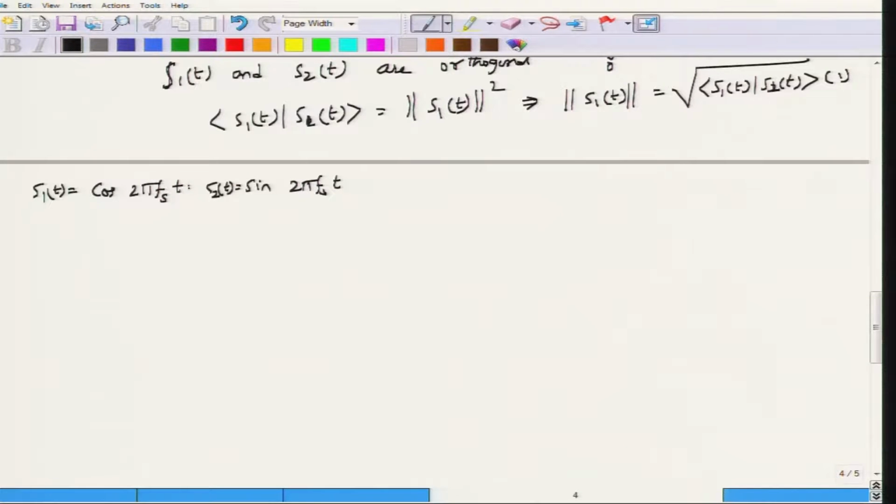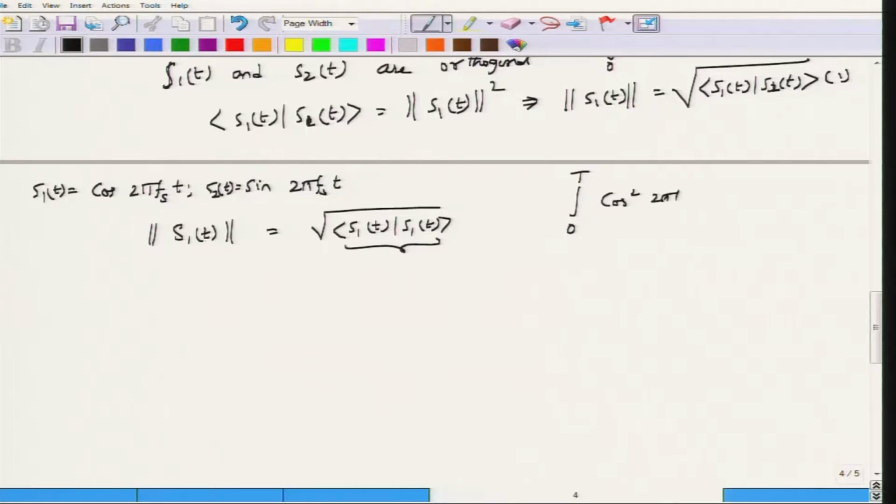Let us find out what would be the length of this signal S1 of t, which is obtained as the square root of S1 of t inner product with itself. So, I have to evaluate the argument inside the square root, and that argument is the integral from 0 to T of cos square 2 pi fs t dt.